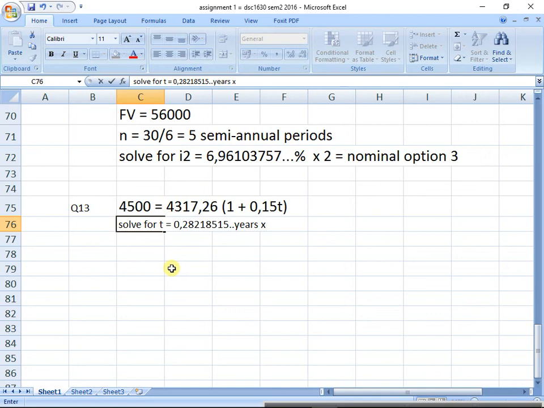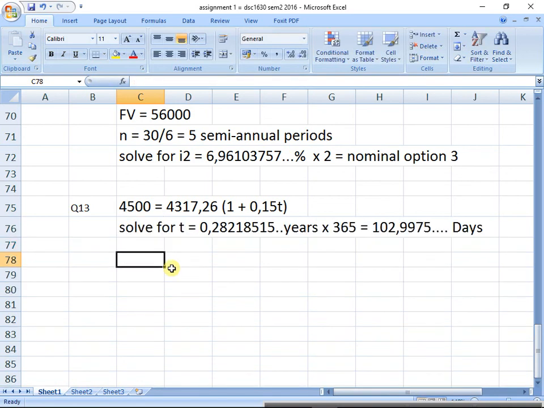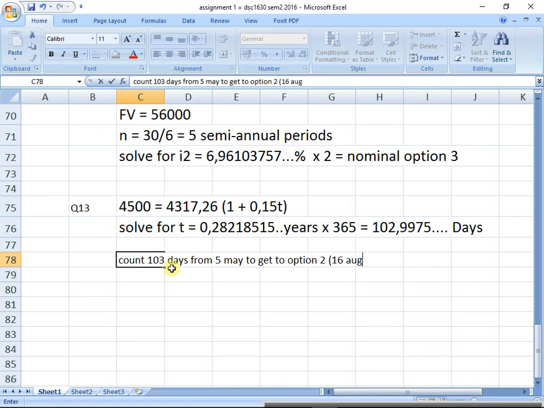Times it by 365 gives you 102.9975 days. Then count to 103 days from 5 May to get to option 2, which is 16 August. So you get the answer, then you just need to move it forward.